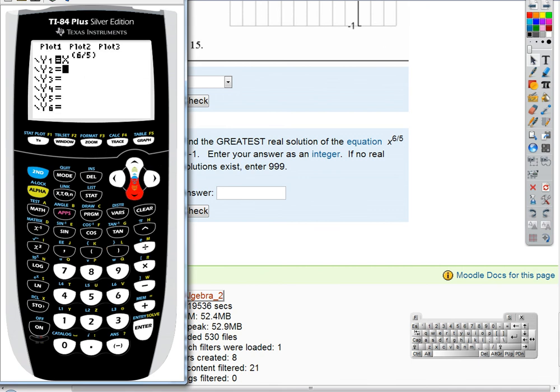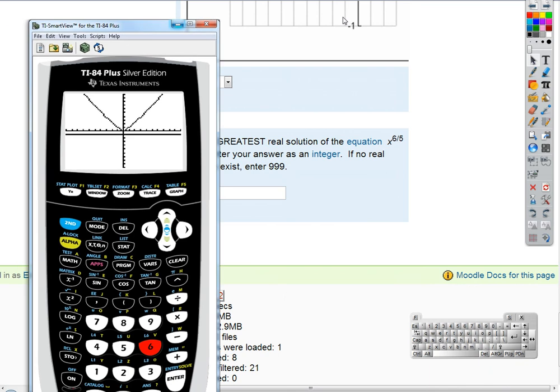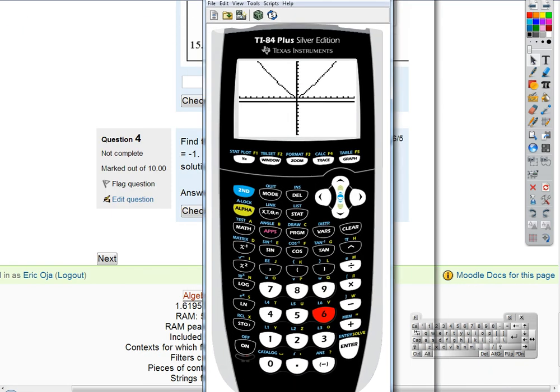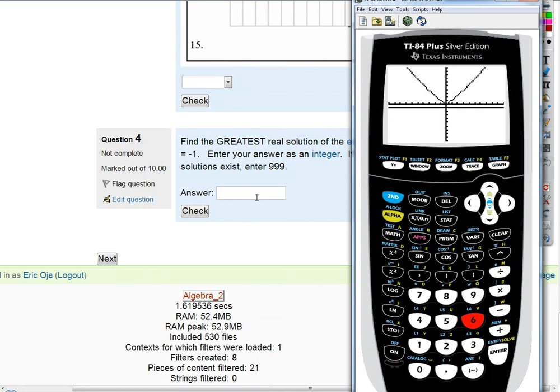And what was the other side? -1. Let's just go zoom 6. See what we can see. Okay, it doesn't look like it crosses at all, does it? So what would my answer be? 999. Doesn't cross at all. I can see from the graph.